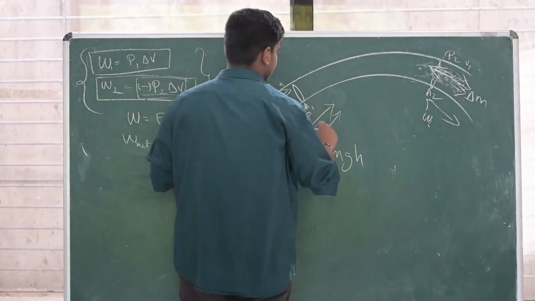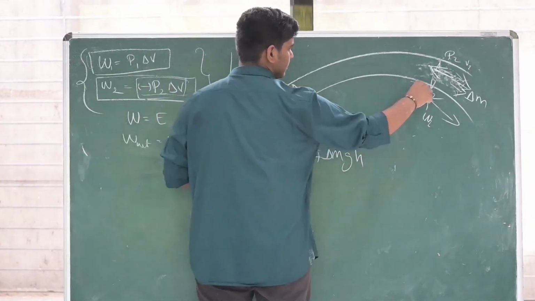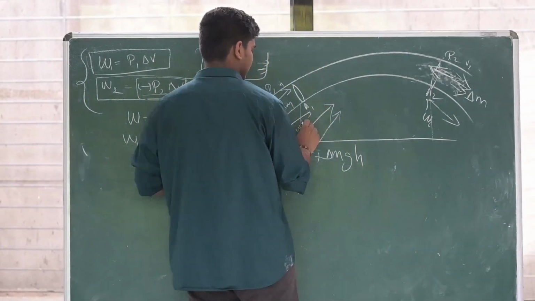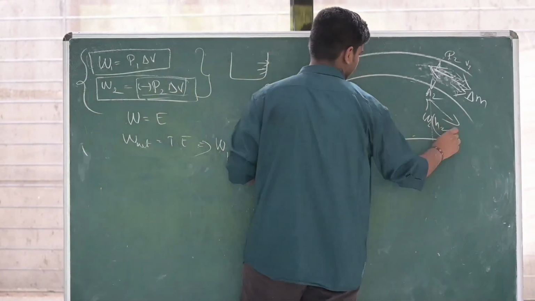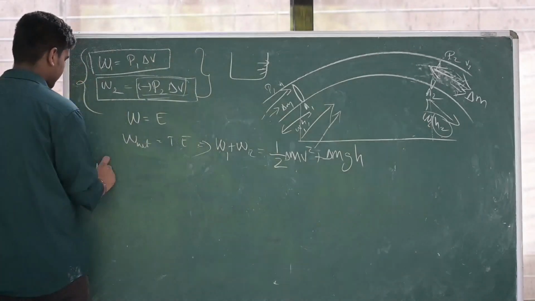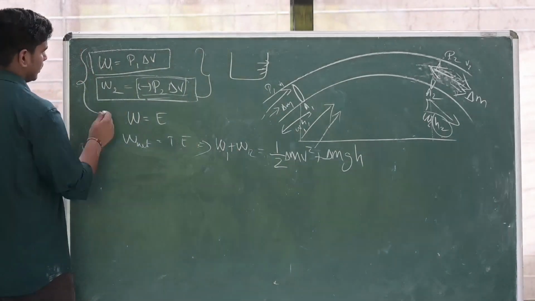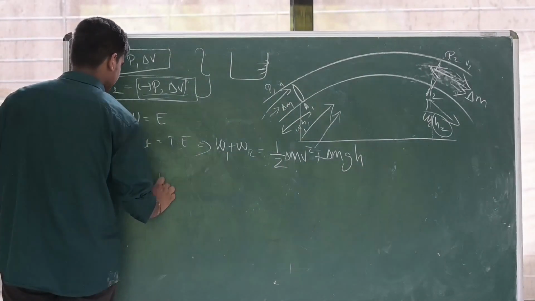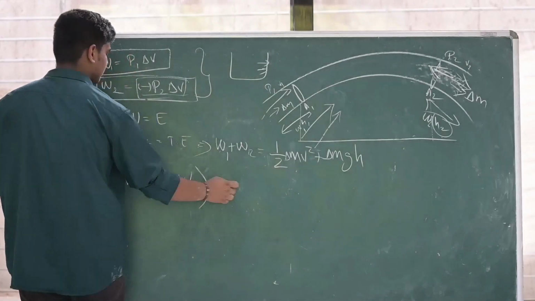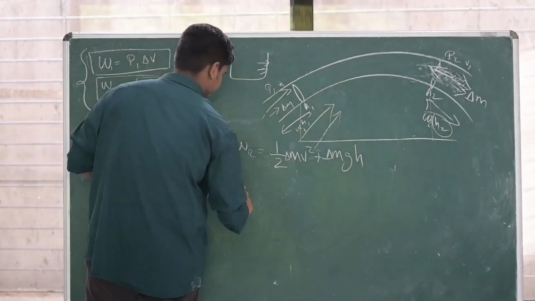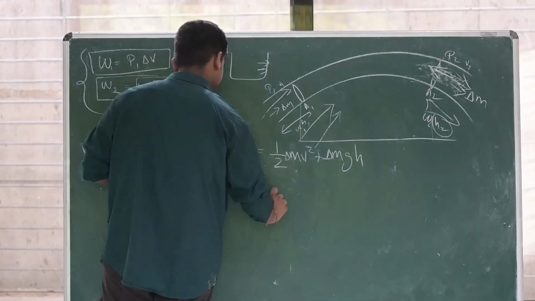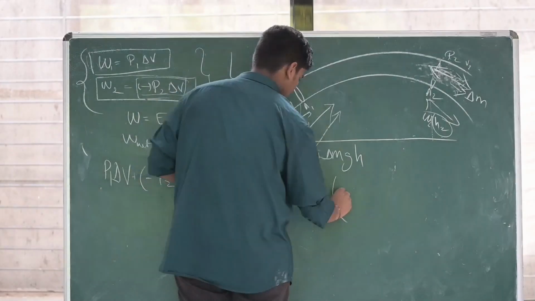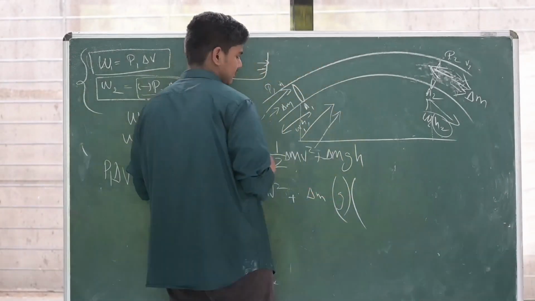Okay. Now these are at different heights, right? These are at different heights. So we'll consider this as h1 and this as h2. Okay. Now net work done is equal to W1, P1 delta V, plus or minus P2 delta V, is equal to half into delta m v square plus delta m into g into net h.